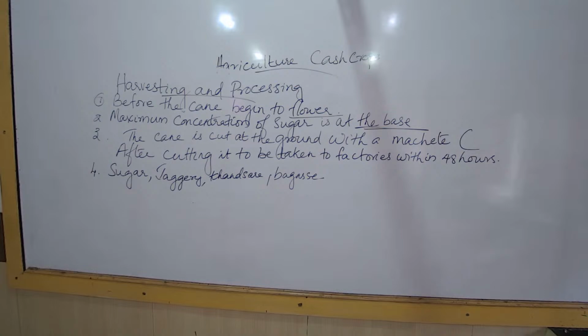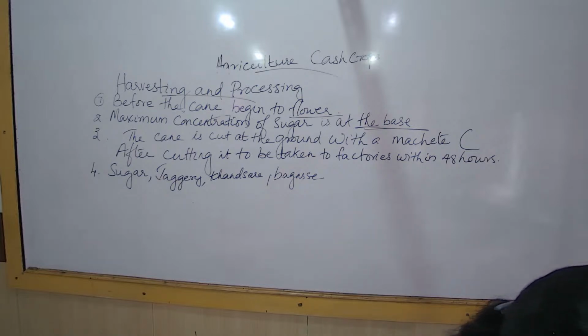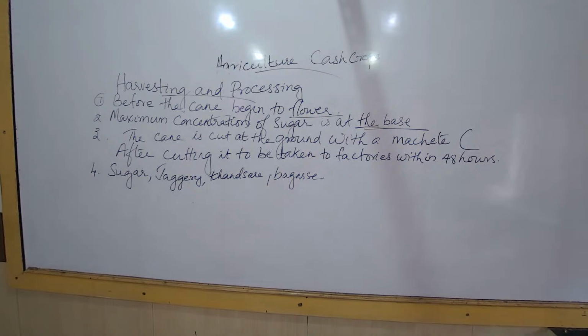Got it? So, what all things have you learned about sugarcane? How to plant sugarcane, where it is grown, what type of soil it needs, what nutrients, climatic conditions. Can you tell how much temperature it requires for its growth, how much rainfall?